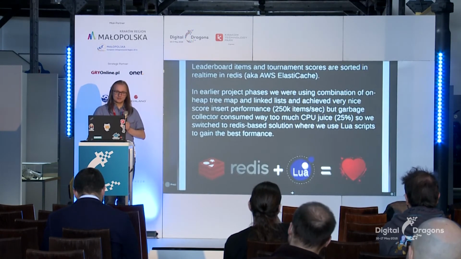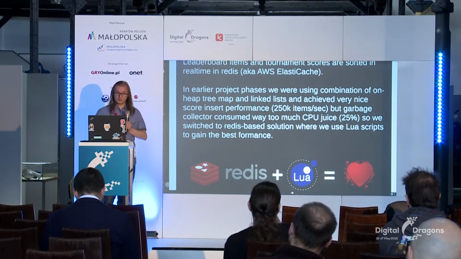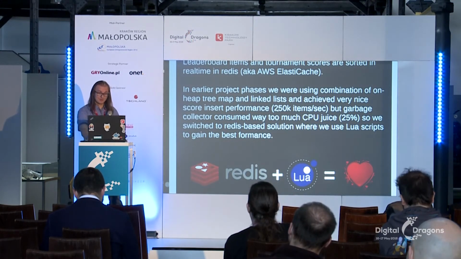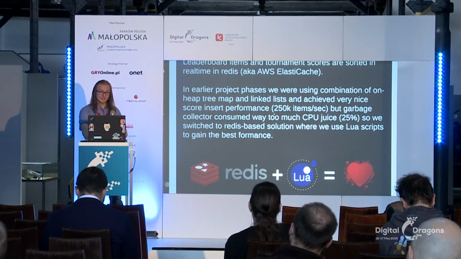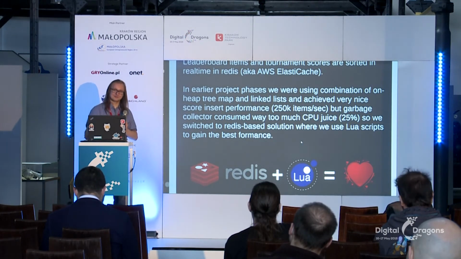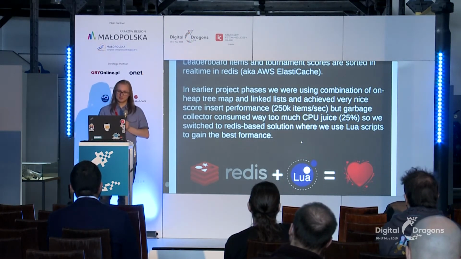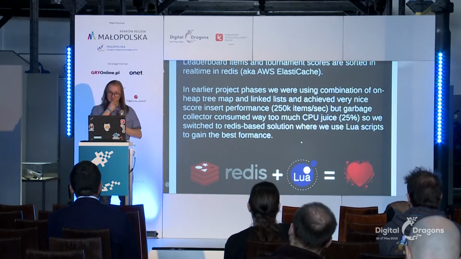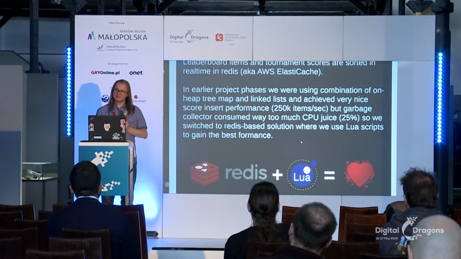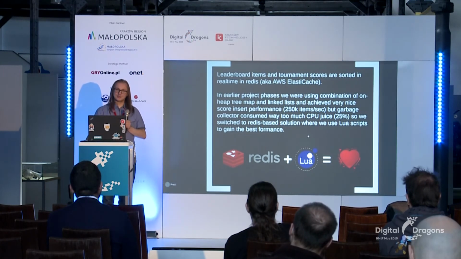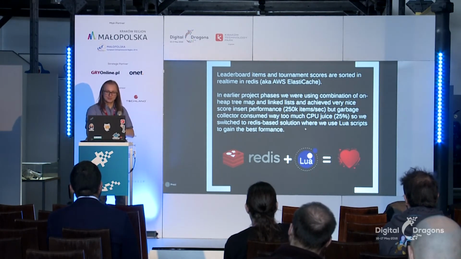The insert performance was much better, but with garbage collection, there was so much data on heap that the garbage collector was pretty busy, and it was consuming even 25% of CPU just to garbage collect all the data.